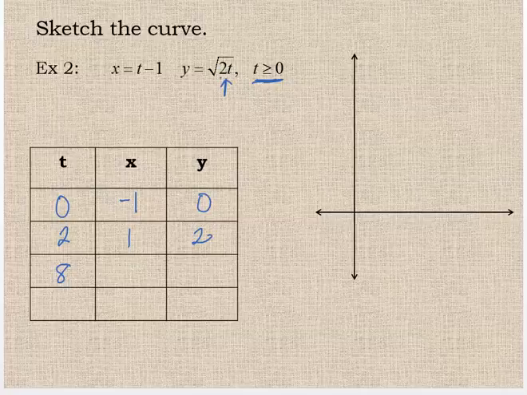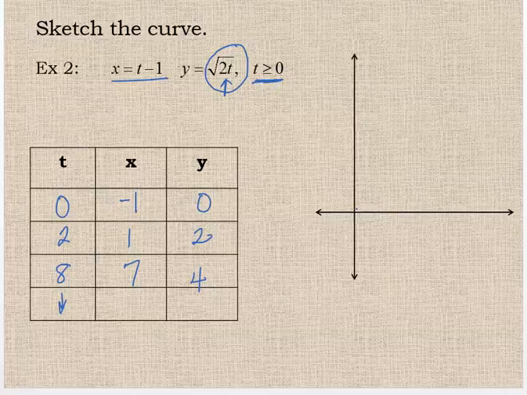The square root of 16 is 4. And if I put in 8 for t in x, 8 minus 1 is 7. I could keep going, but this would be quite monotonous. So in this scenario where you have a square root in one of your equations, you really want to be strategic in your t values.